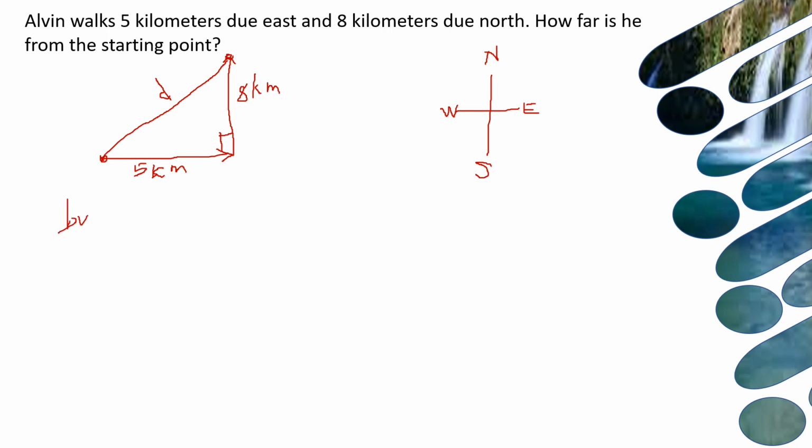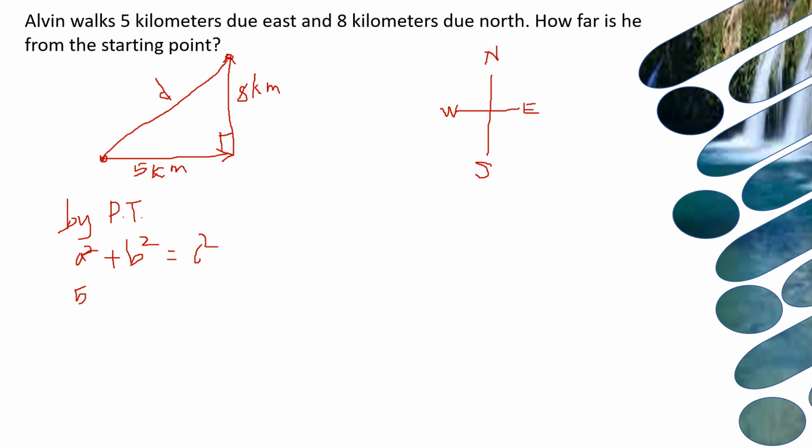So, by the Pythagorean theorem, which has a formula of a squared plus b squared equals c squared, a here is 5 kilometers.